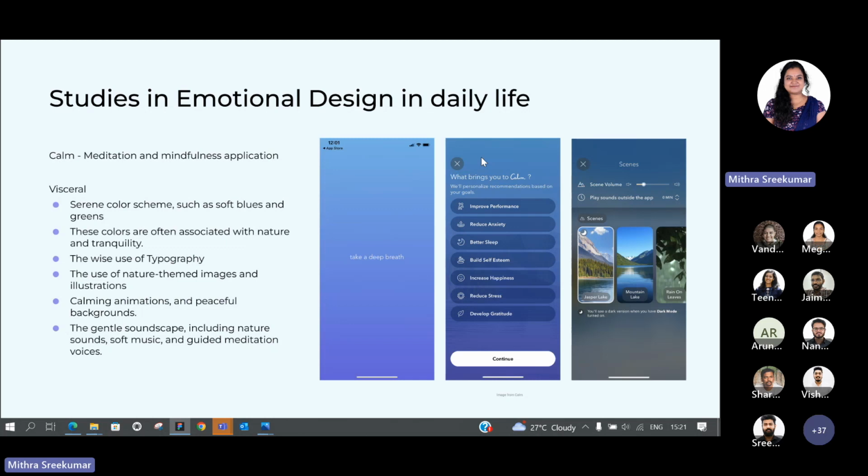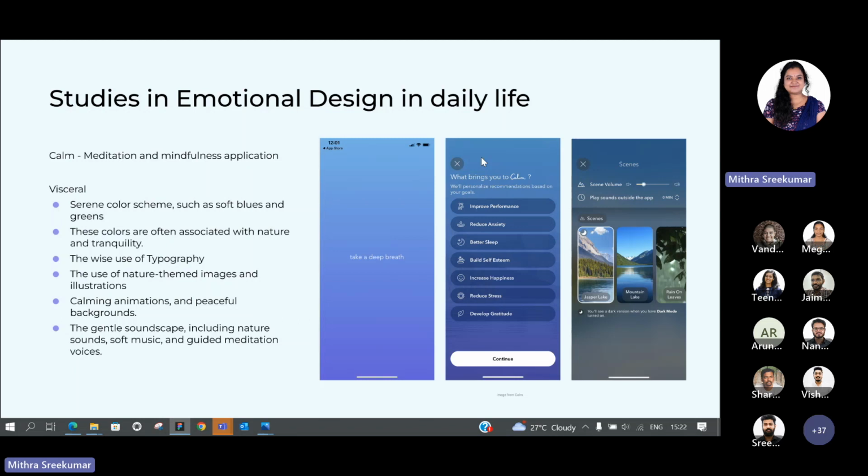So while designing this application, the designer has chosen wisely the visceral, behavioral, and reflective aspects of the design to create that emotion in the user.